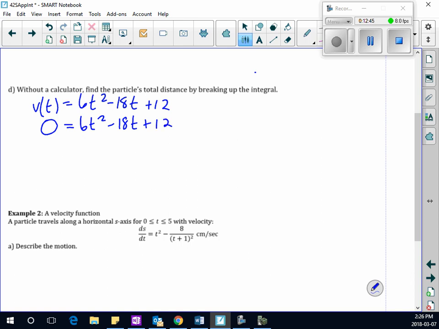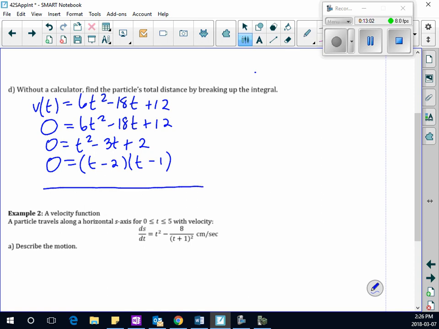Get rid of it. So 0 equals t squared minus 3t plus 2. So 0 equals (t minus 2)(t minus 1), which means I have 2 and 1.